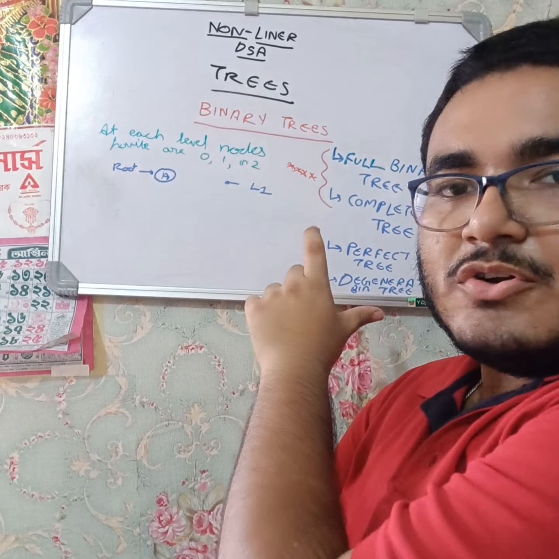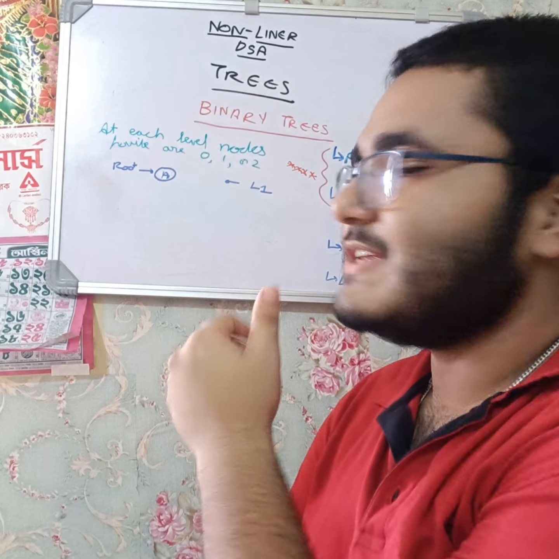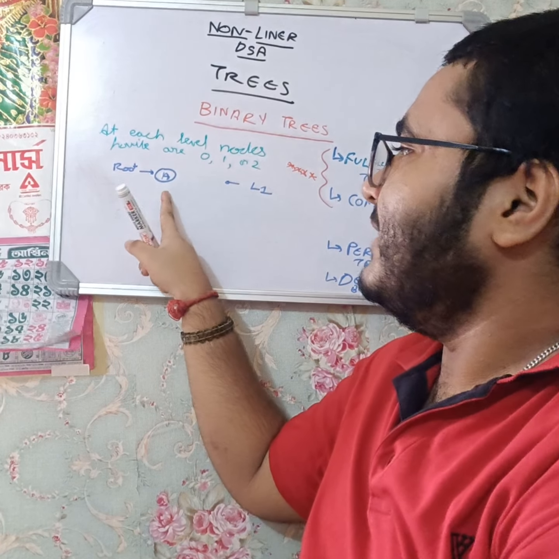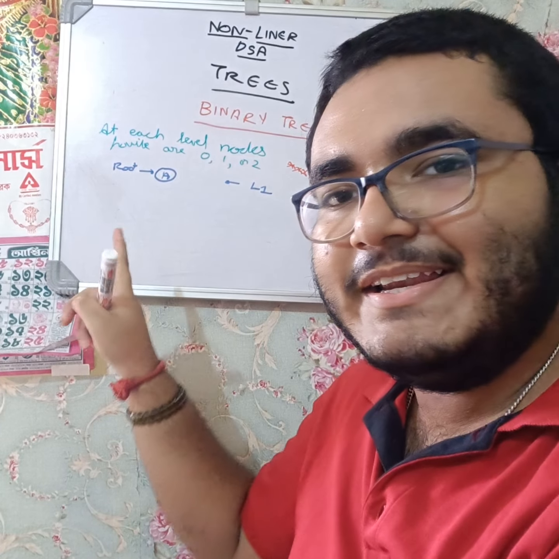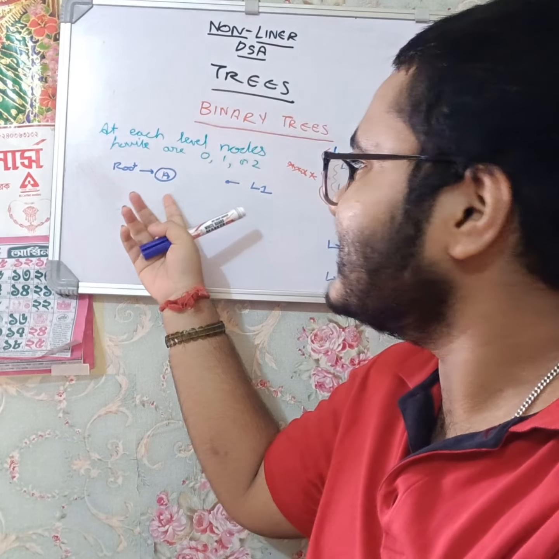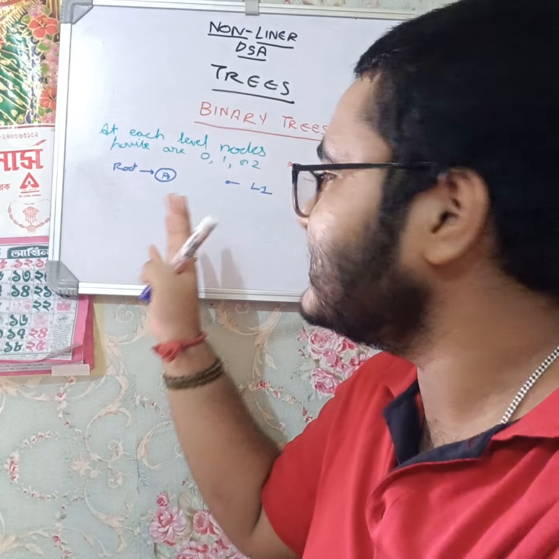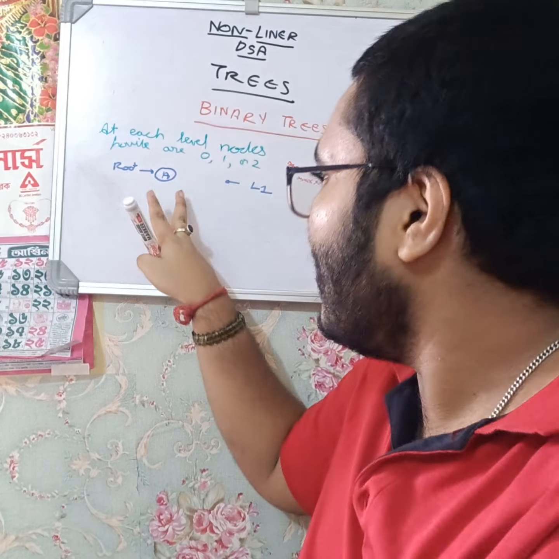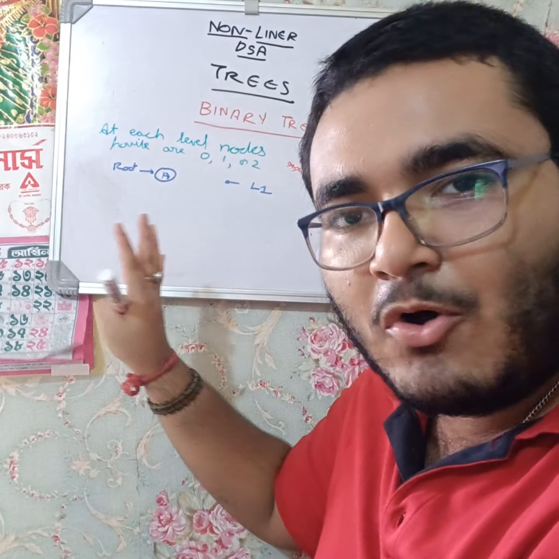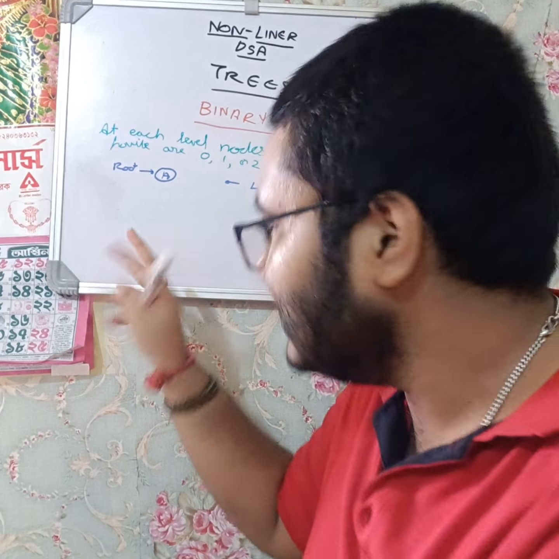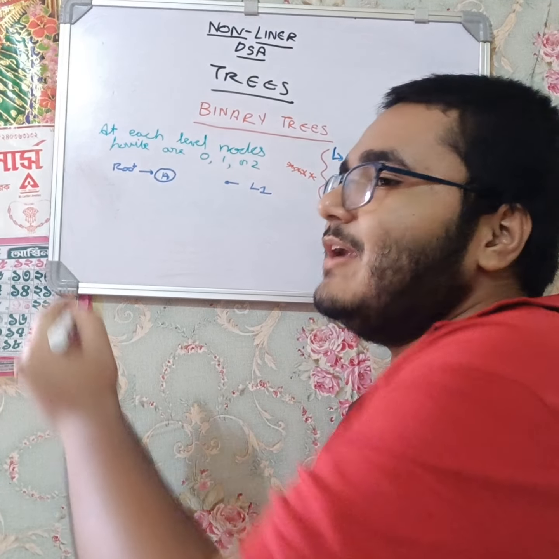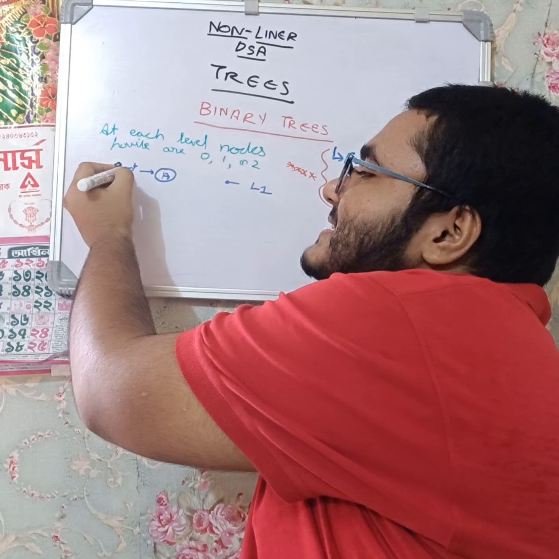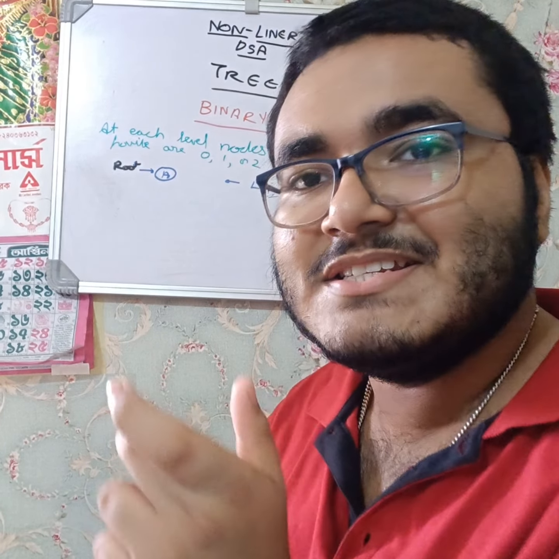Just take a screenshot of these 4 classifications also, as I will be progressing. So if this is a root node, I can leave it as it is. Suppose it has no children, so one node alone is also a binary tree, with only a root node. Otherwise if A is having children, there is a restriction.